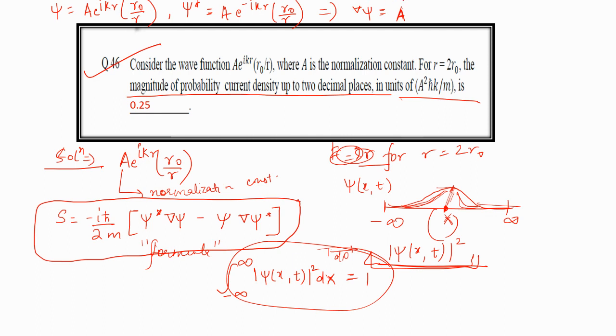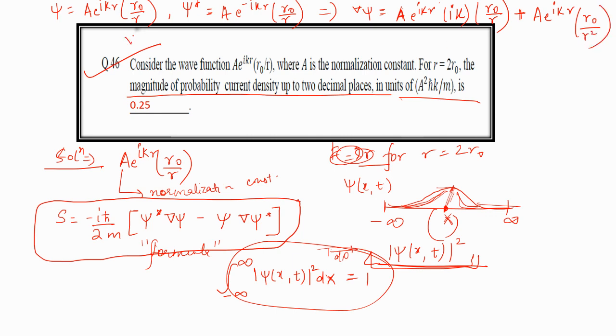First I am doing the differentiation of this: A e raised to the power iota k r, then iota k will come, times r naught by r. And one more is A e raised to the power iota k r, and this term r naught by r will go to minus 1 by r square.